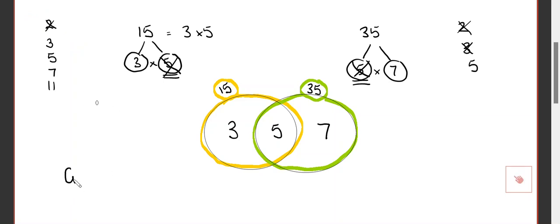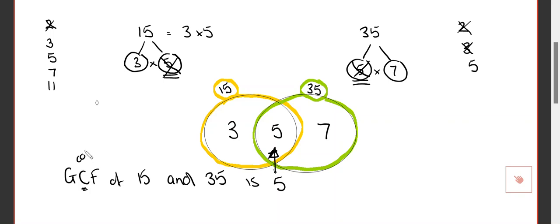The greatest common factor of 15 and 35 is 5. It's the one in the middle, because the word common, C for common, means in both groups, so it makes sense.